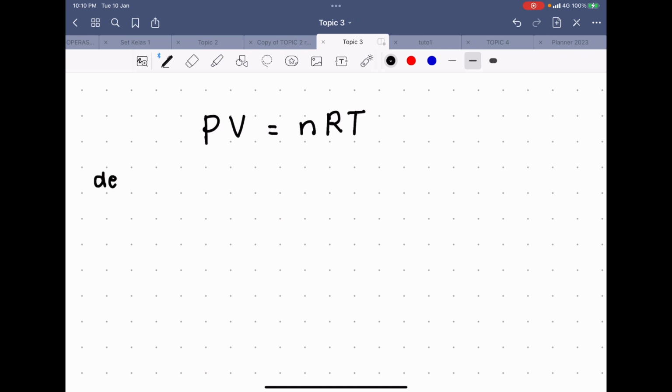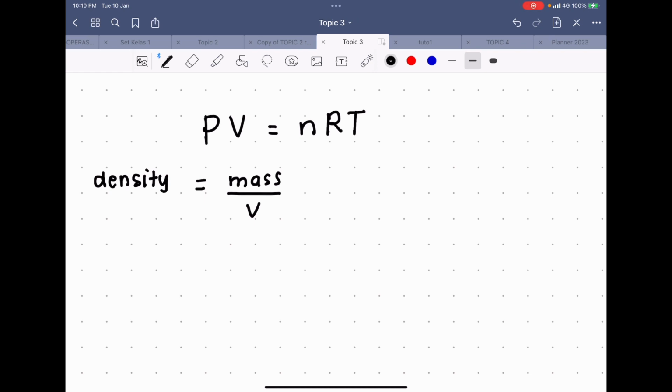So what is density? Density is mass over volume. If you look at PV equals nRT, there is no parameter that denotes mass. So how can we calculate density from PV equals nRT?